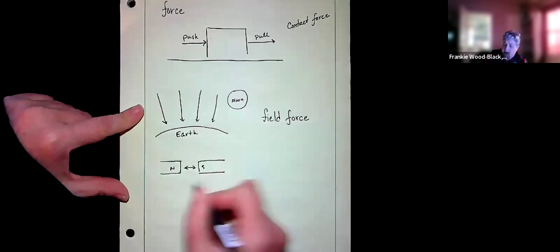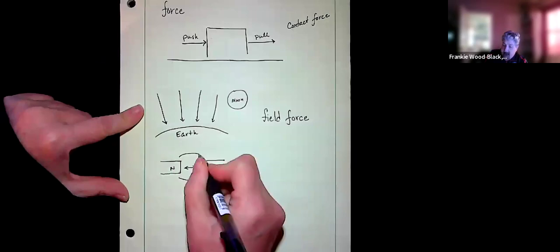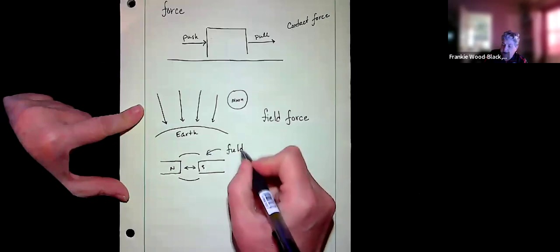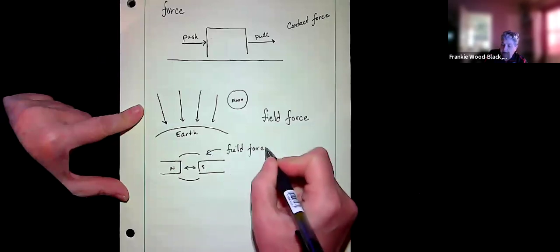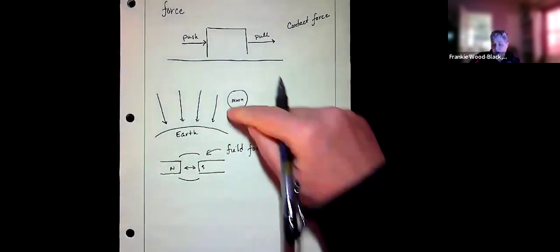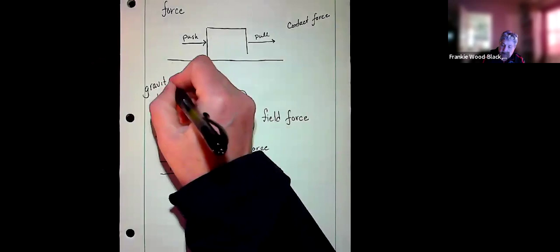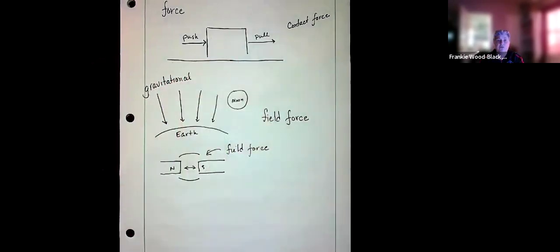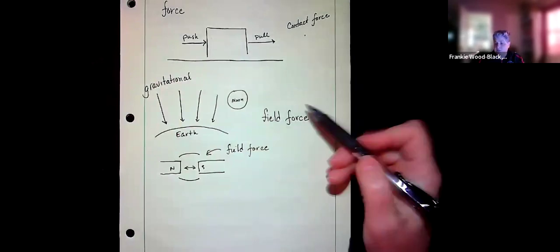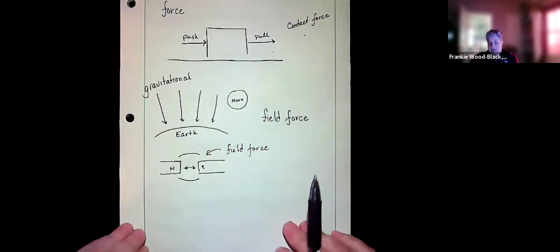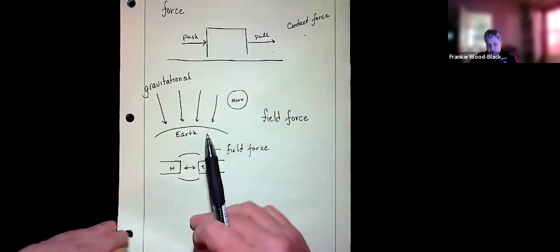These two things are going to attract, and we can actually feel this field force in terms of our magnets. So when we're talking about this gravitational force here, our gravitational force is going to be a field force. So we have contact forces and field forces, but we're going to start out with our contact forces, and then we'll come back to our field forces.